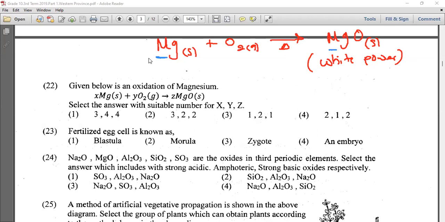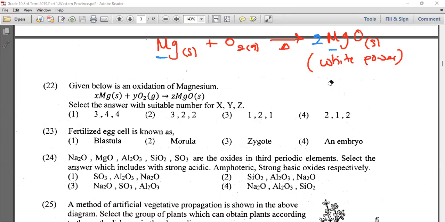Now put a 2 here. Put a 2 there. Right? That's what I try to do. Put a 2 here. Right? So then how would the x be? 1, x, y, z.